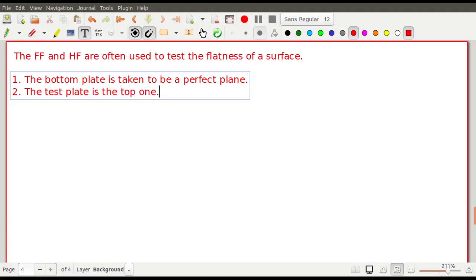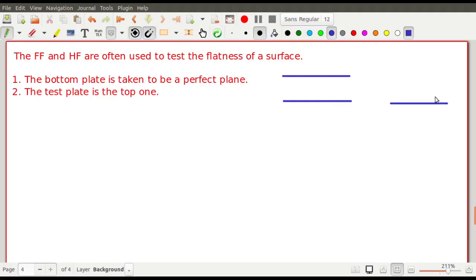So if I draw the diagram, these are the two diagrams. This one is the test plate in this case, and this one in this case. So this one is the test plate.